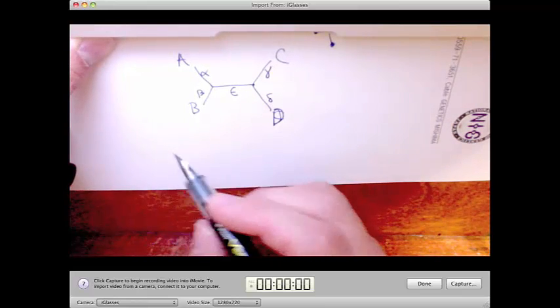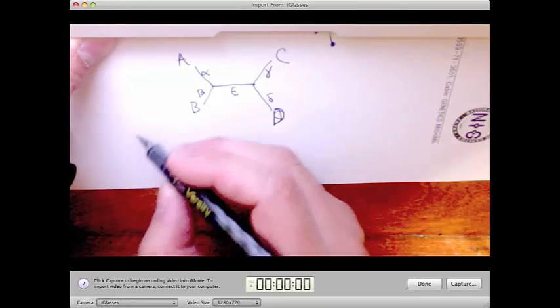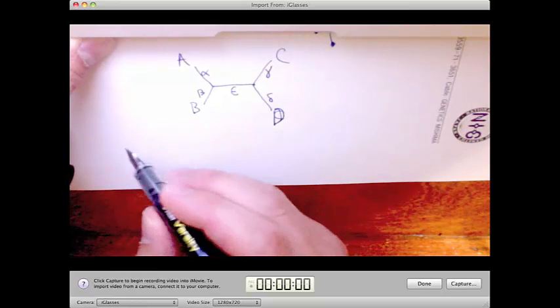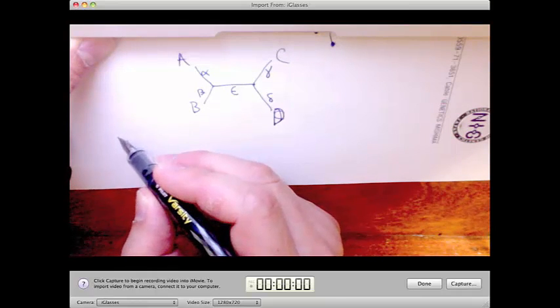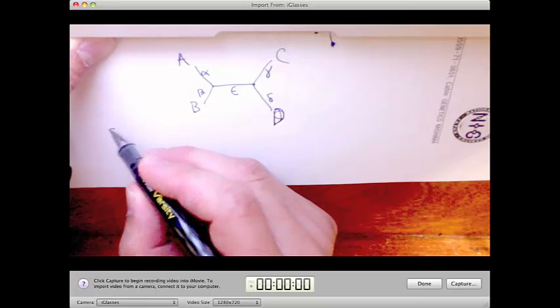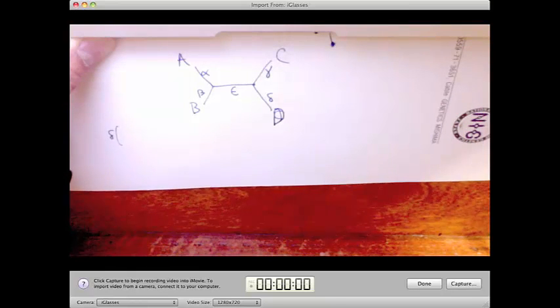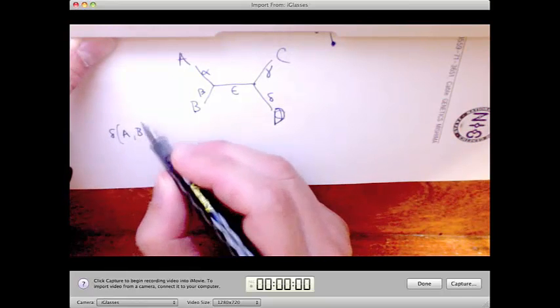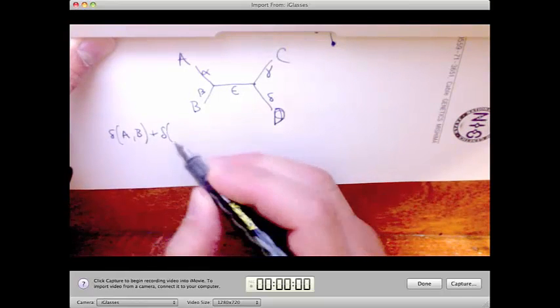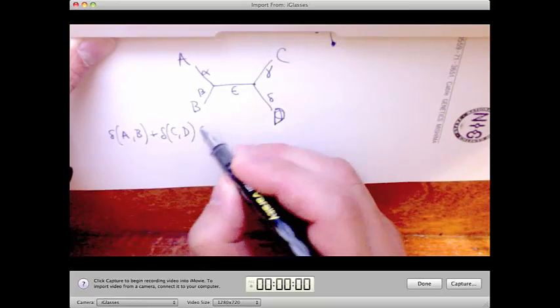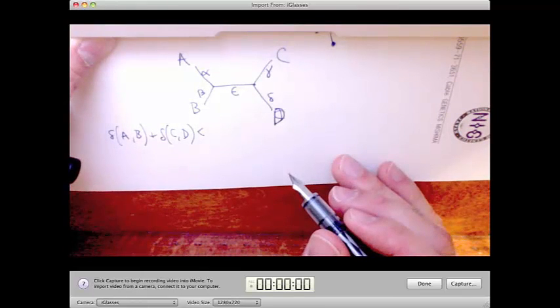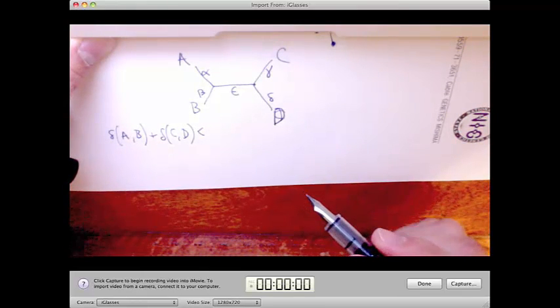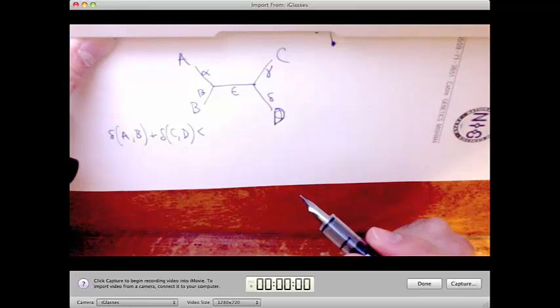So if you look at the possible sums, basically the distance delta is the distance from one sequence to the other.